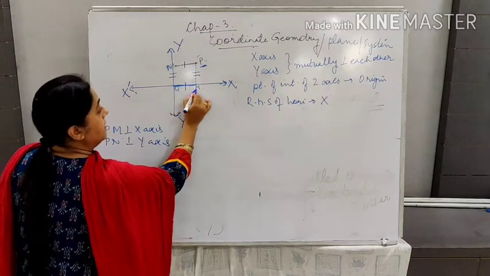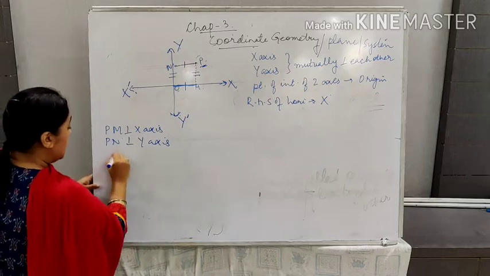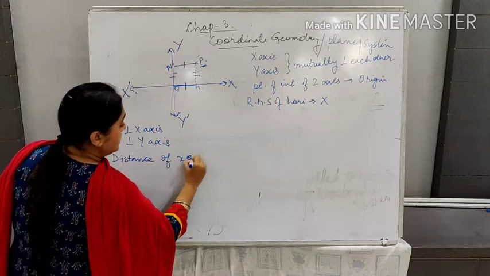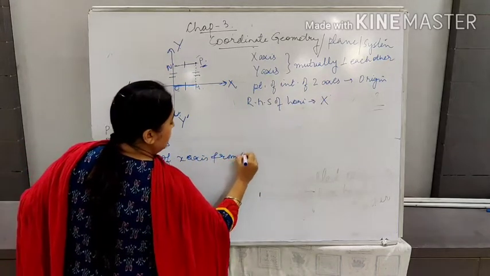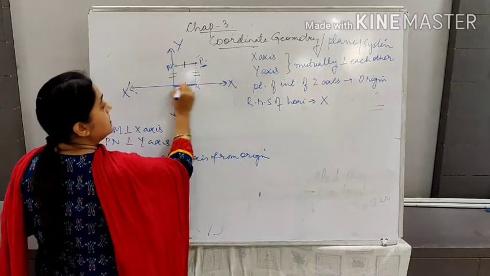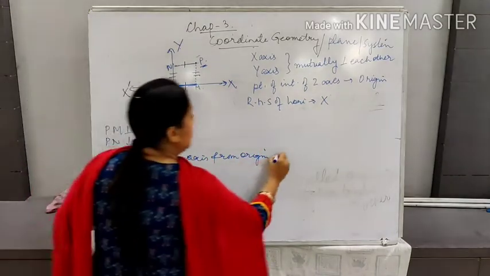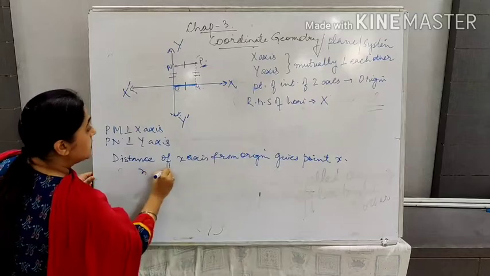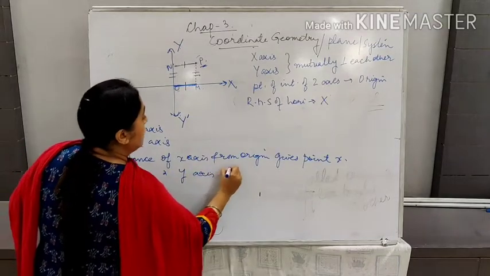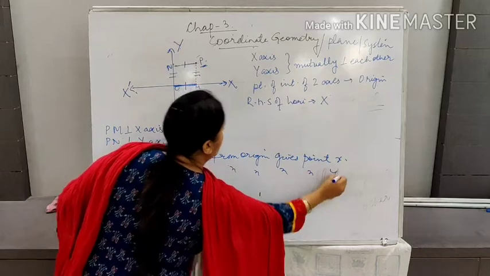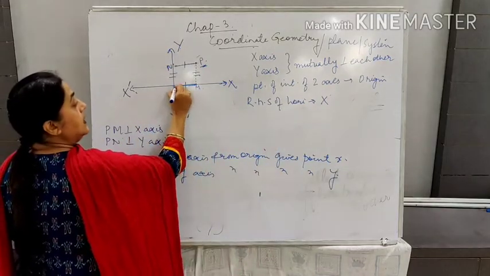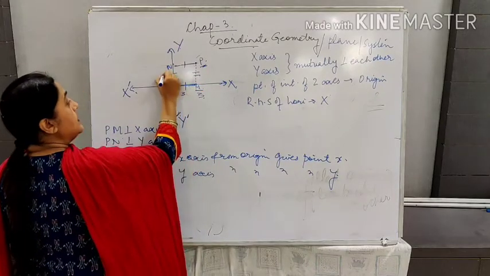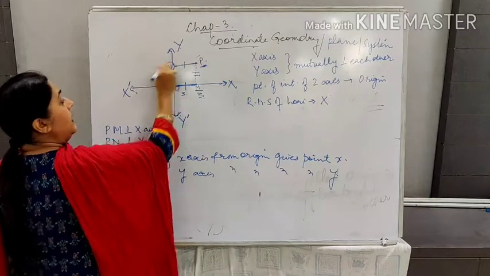The distance of the point along the x-axis from the origin gives the x value, and the distance along the y-axis from the origin gives the y value. Suppose this distance is 3, so my M is 3. If this is 5, so my N will be 5.